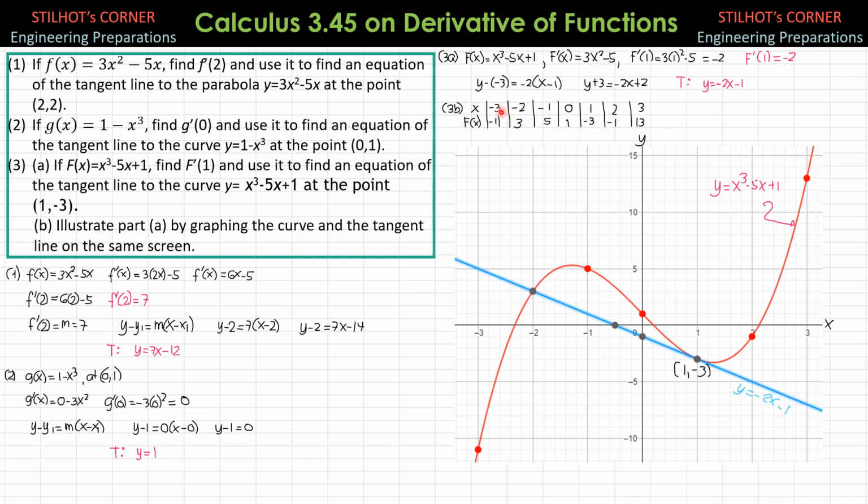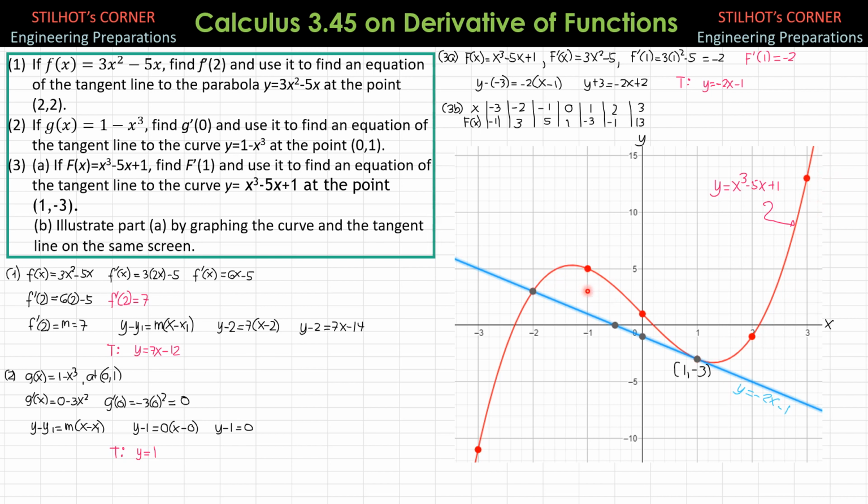So we have negative 3 and negative 11, which is here. Then we have negative 2, positive 3; negative 1, 5; 0, 1; 1, negative 3, which is the point of tangency. This is (2, -1) and that is (3, 13).